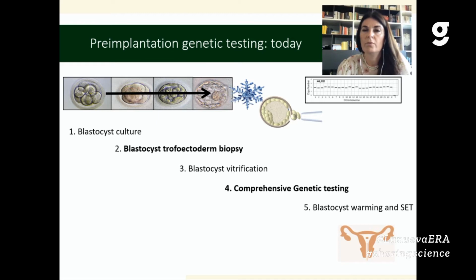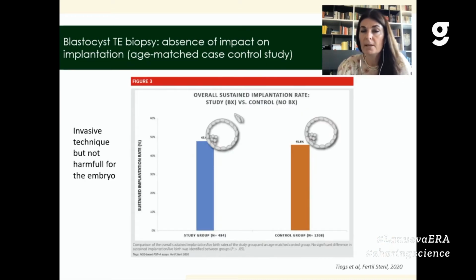And I'm going to go through this because this is very important. As an embryologist, again, I have to underline that what we do in the lab can affect the quality of the PGT-A program. So, as we said, blastocyst biopsy and not cleavage stage biopsy, because blastocyst biopsy is not reducing the implantation potential of the embryo.